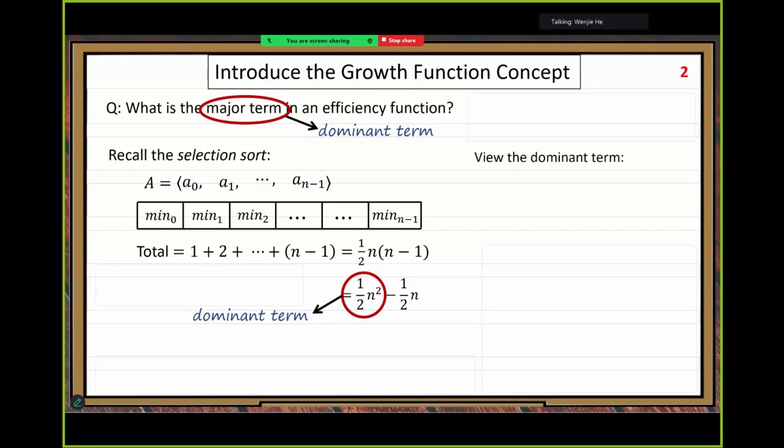So let's do some simple calculation and see how much. If we compare these two terms, we take the ratio of these two terms. We want to look at how large the ratio is.